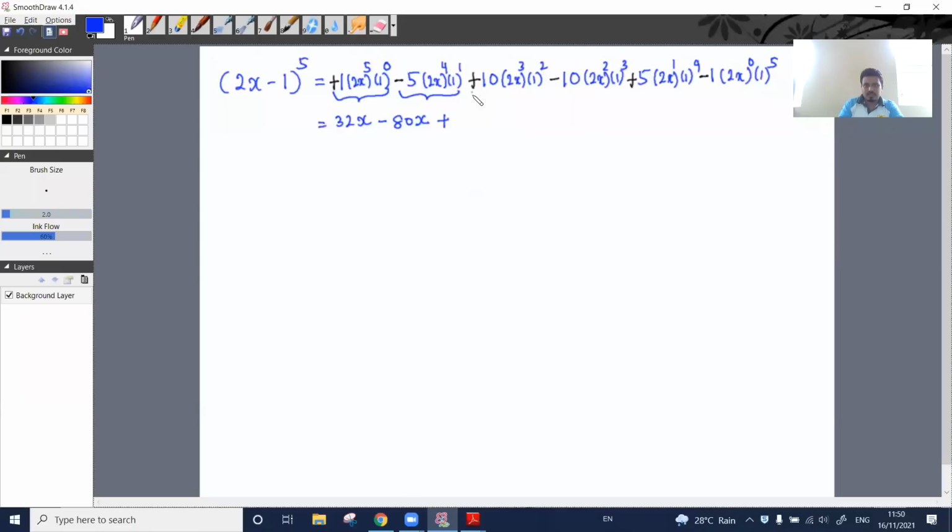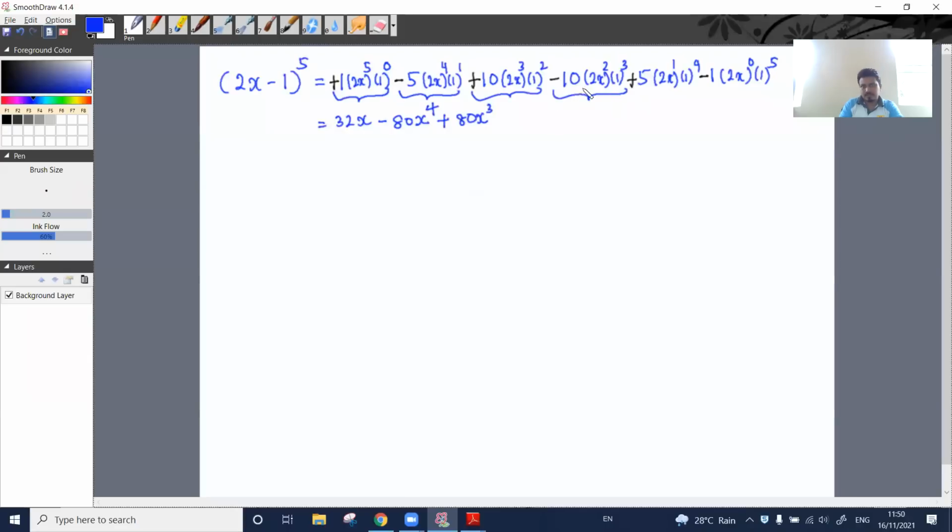Plus, what about this one? 2 to the power 3 means 8. 8 into 10, 80. Right? So it should be plus 80x to the power 3.